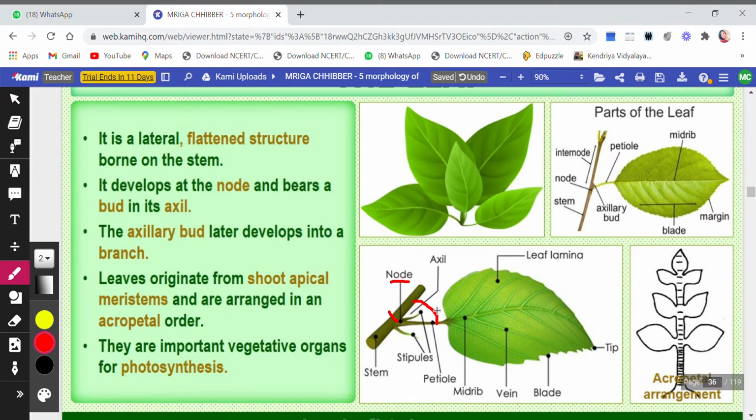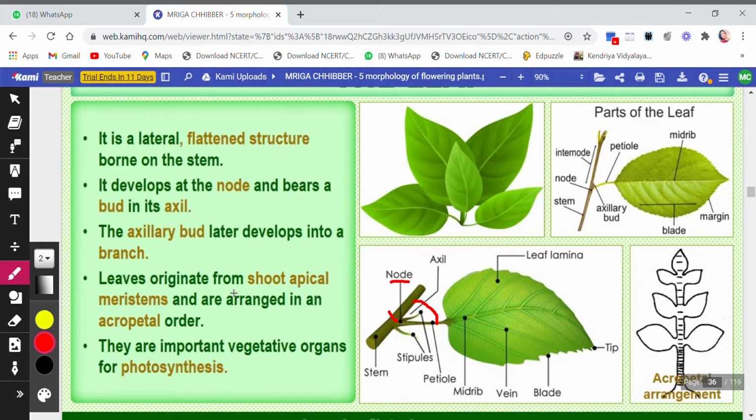The angle is called axil, and here there is a bud, as you see this one, which is called the axillary bud. So there is an axil present, and this axil may have an axillary bud. The axillary bud later develops into a branch. From the axillary bud, a new branch can come out.